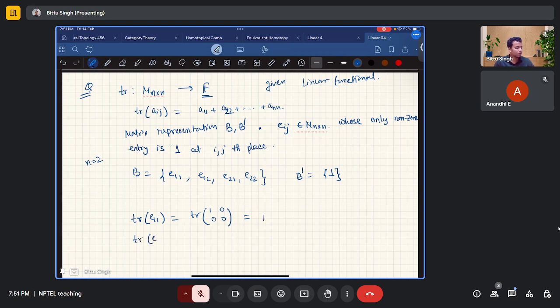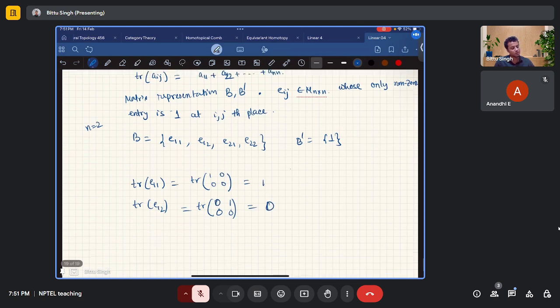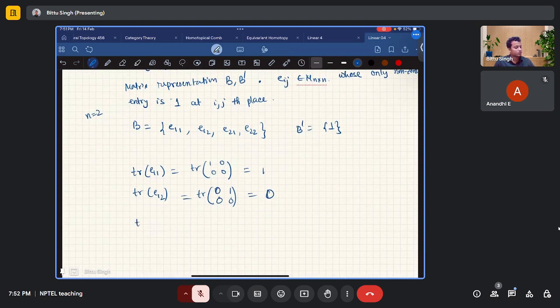Similarly, tr of E12 means only the 12th entry is non-zero, so it is 0, because trace is the sum of the diagonal. Similarly, trace of E21 is also 0. Trace of E22 is non-zero. This is actually 1, because it is the matrix 0 0 0 1 and the last entry is 1, so the sum of the diagonal is 1.